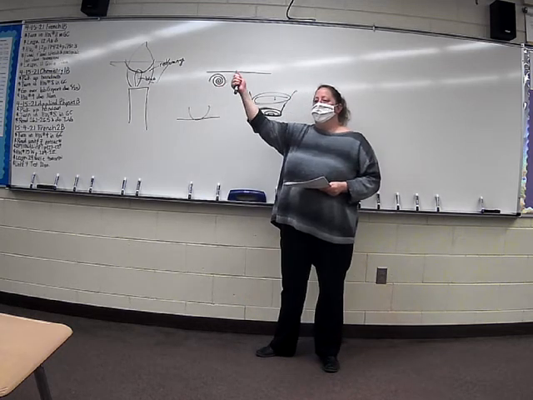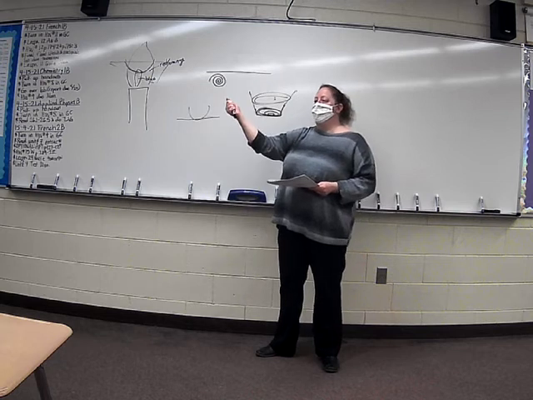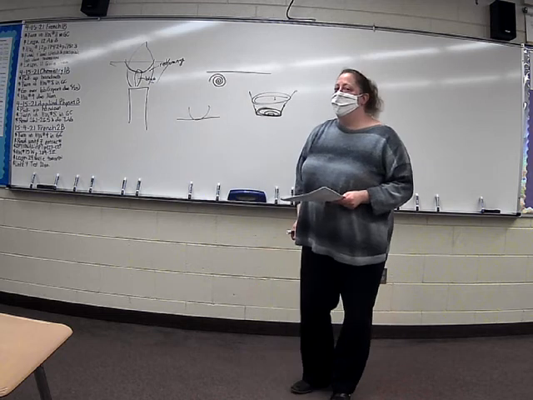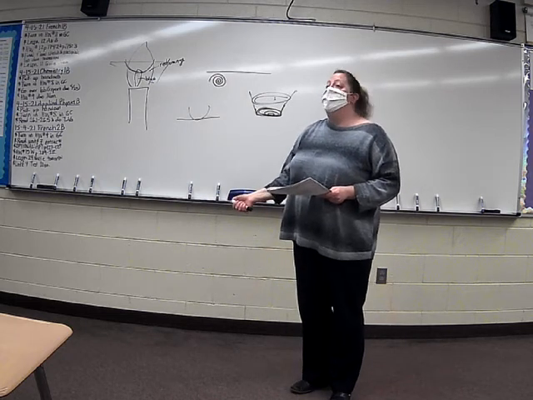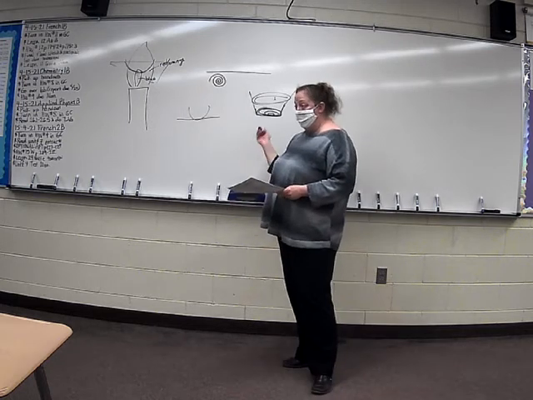Besides checking the reaction, what's the other reason that we're taking the top off that crucible and replacing it every 2 to 3 minutes? What does the reaction need to burn? Oxygen. And it needs oxygen to produce the product.